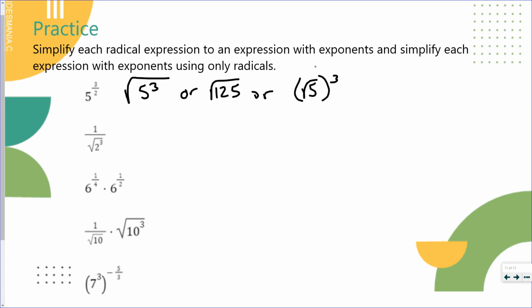Okay. So 1 over root 2 to the 3rd. So again, just focus on the radical part. Let's turn that into an exponent, right? It becomes 2 to the 3/2. But the fact that it's 1 over makes it negative. So 2 to the negative 3/2 power.